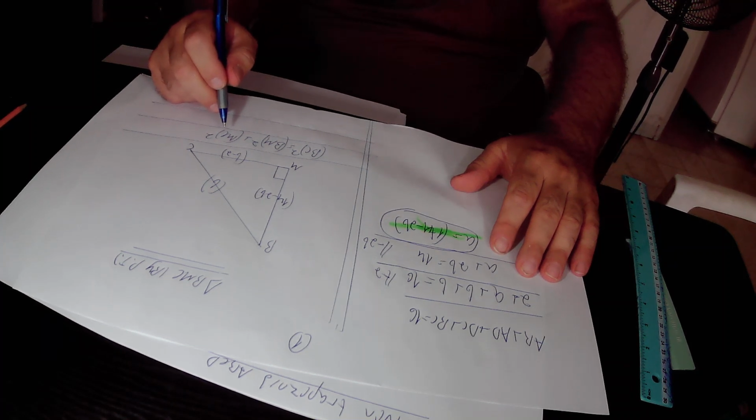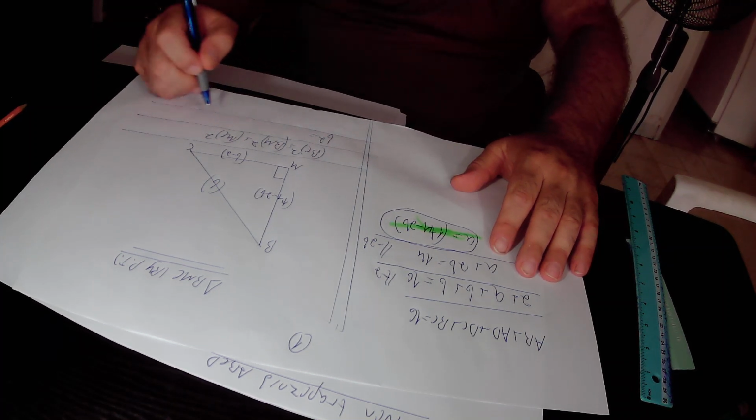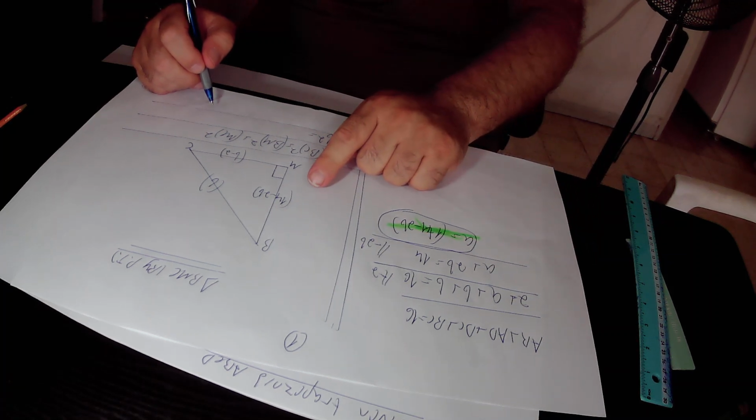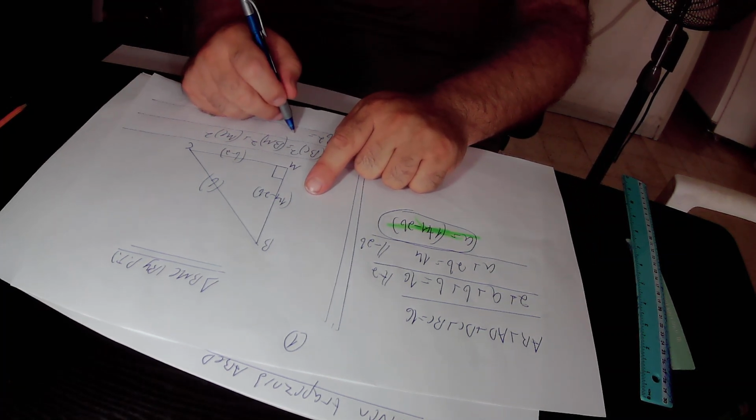BC is B, therefore BC squared is B squared, and it is equal to BM squared. BM is 14 minus 2B, therefore BM squared is (14 minus 2B) squared.